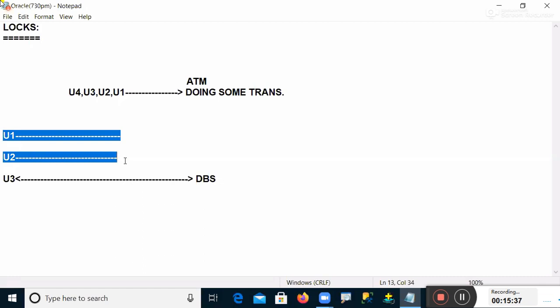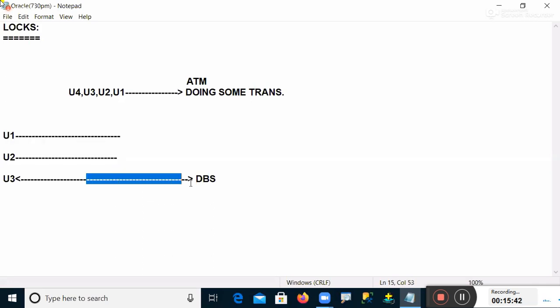Suppose your user 3 transaction is processing. What will the server do? Your user 1 request is kept in which position? Waiting position. User 2's request is also in waiting position.